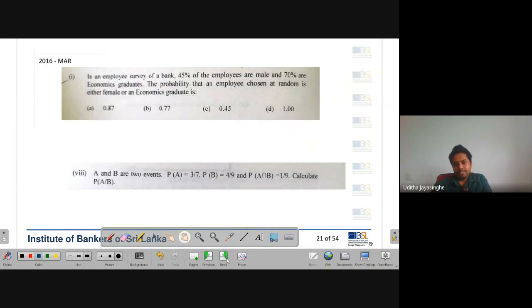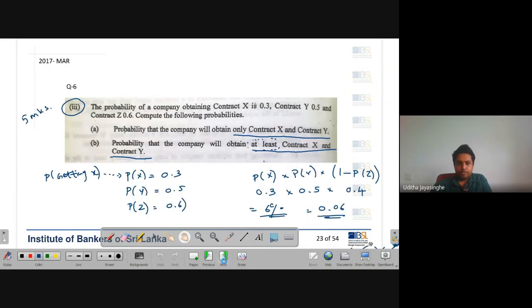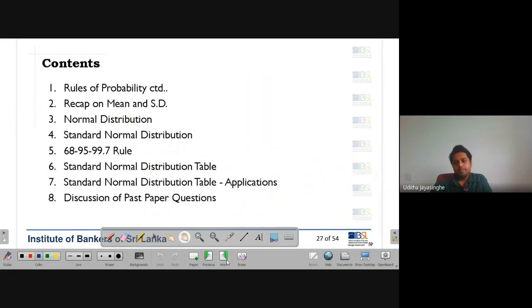So thereafter, we discussed all these questions and then we moved on to part number 2. That is what we are going to learn today. Okay. So students, now this is where we are going to start. We are going to continue with 2 more rules under the probabilistic jargon, and then we are going to give you an introduction to the standard normal distribution by refreshing your memory on the mean and standard deviation.